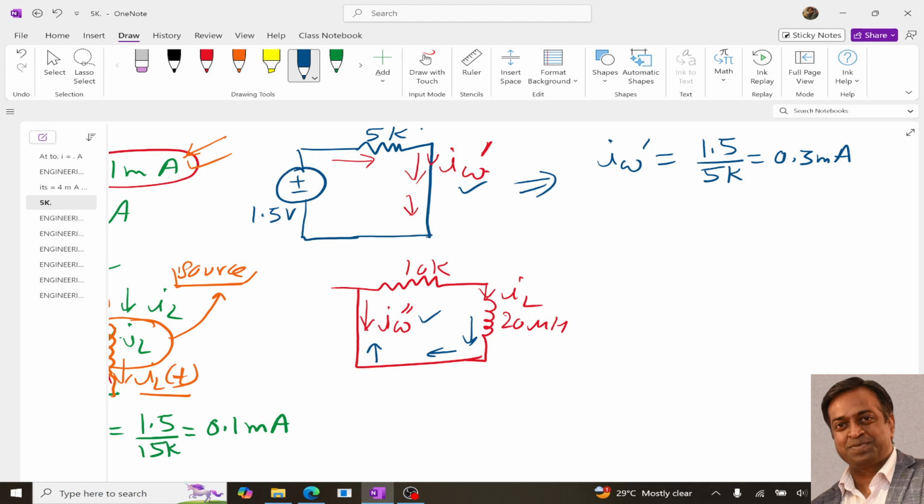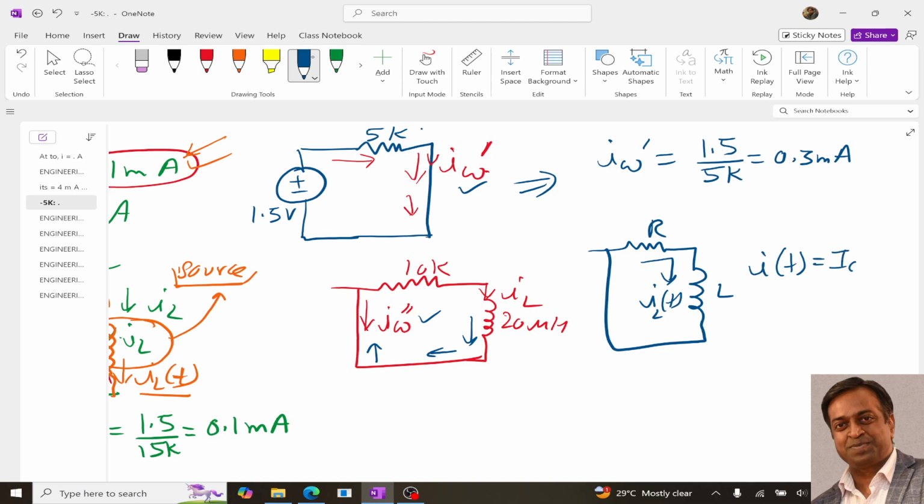Now similar to this, if you look at this circuit, we can compare it with a simple RL circuit, and we know that for this circuit the current I(t) is expressed as I naught e power minus R by L t.